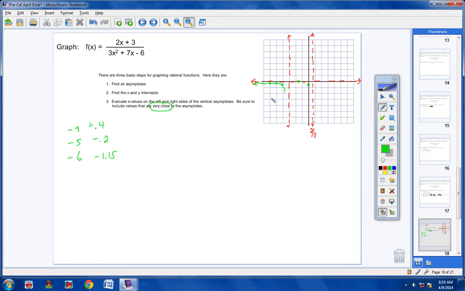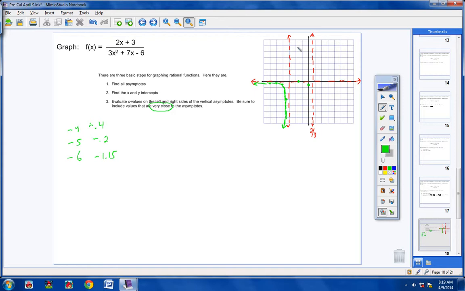And I'm getting out negative 3. I rounded that, okay? So I know I'm way down here at negative 3 when I get close. So that confirms what I thought, it is getting closer and closer to this asymptote, but not crossing it. So there, we have one piece of the puzzle finished.